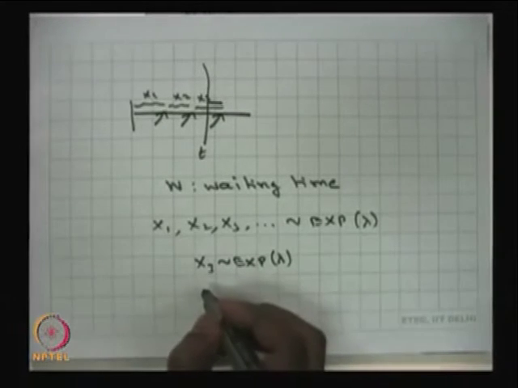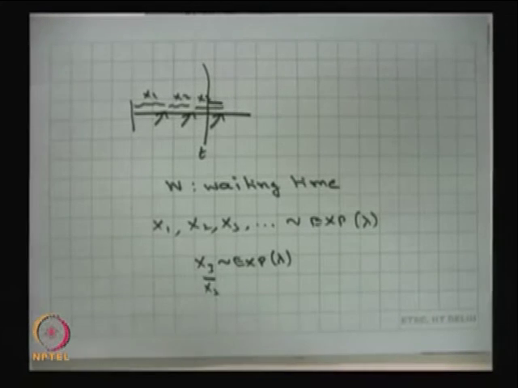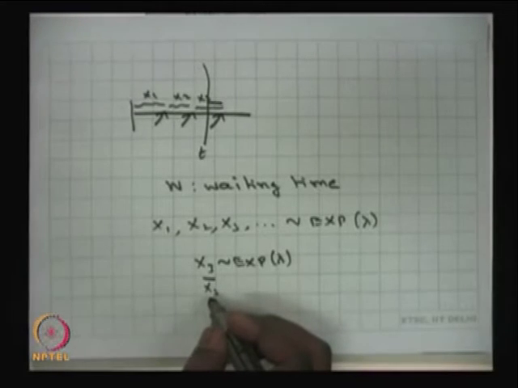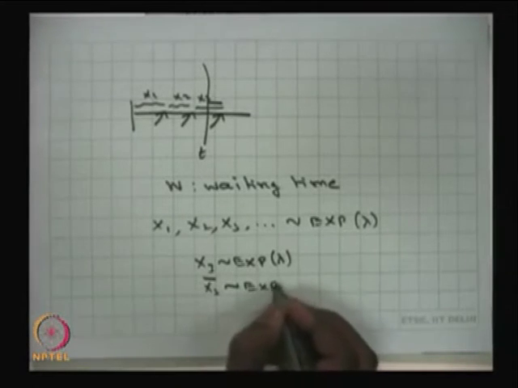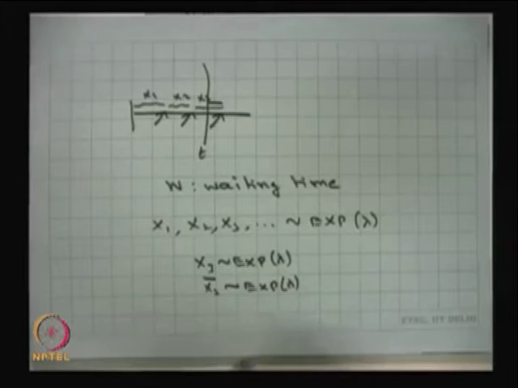The residual time of x3, with notation x3 bar, the residual arrival time of the third bus coming to the bus stand, is also going to be exponentially distributed. This is because of the memoryless property.